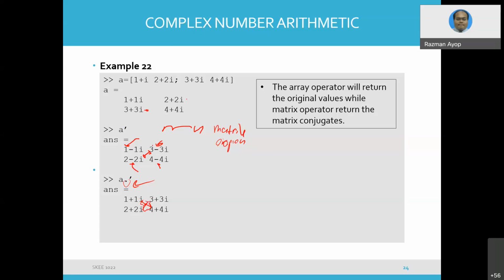That is the difference. For matrix, you have to flip as well as change the imaginary part to negative, but this one is just flip. So make sure you know the difference between the complex matrix transpose and the array transpose for complex numbers.